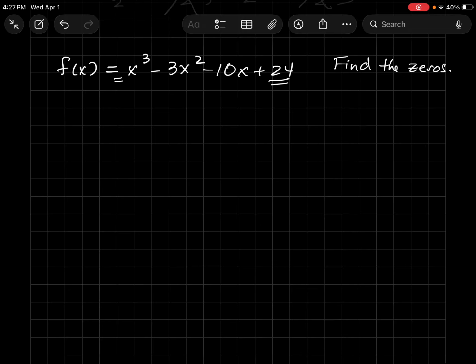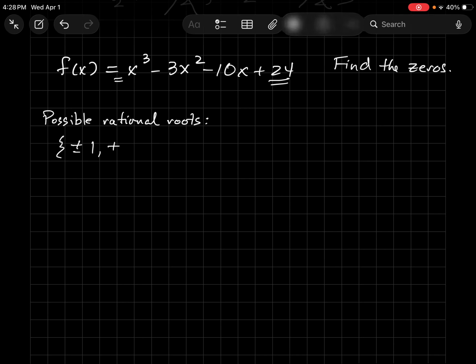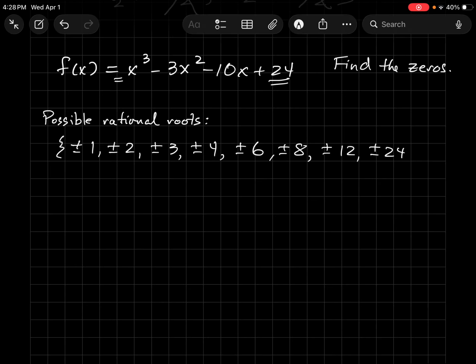The leading coefficient of 1 makes this a little bit easier. So the possible rational roots will be one of these. It'd be the factors plus or minus of 24. So plus or minus 1, or 2, or 3, or 4, or 6, 8, 12, and 24.